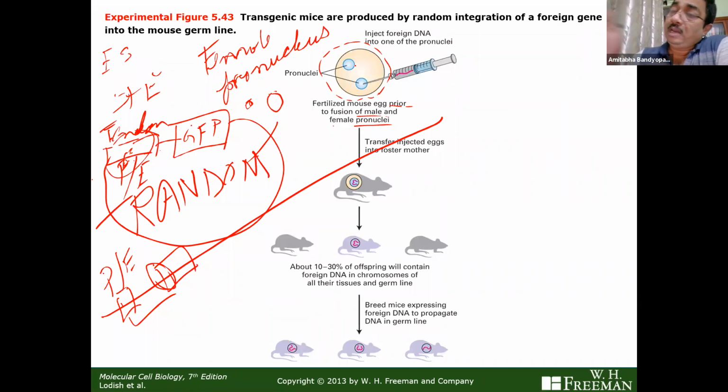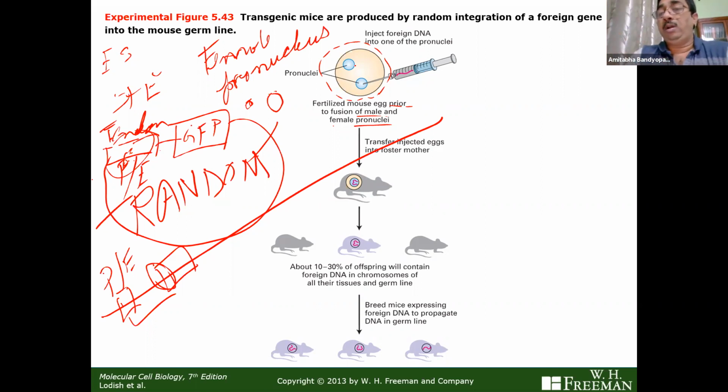These are all independent events. You put some more in another female, and so on. Then the babies are born, and you allow them to grow to whatever stage you want, dissect, and see if the reporter is expressed exactly where you wanted it to be expressed.